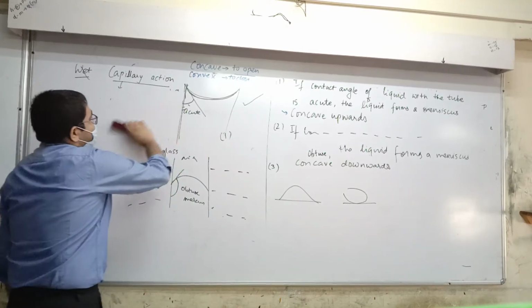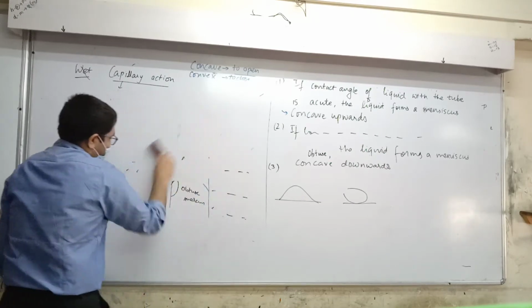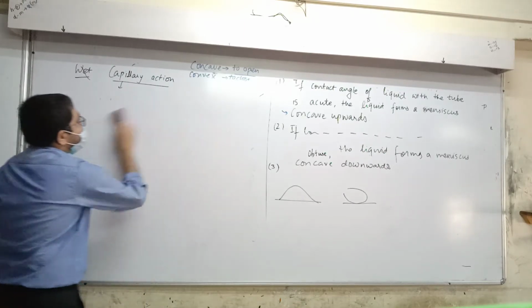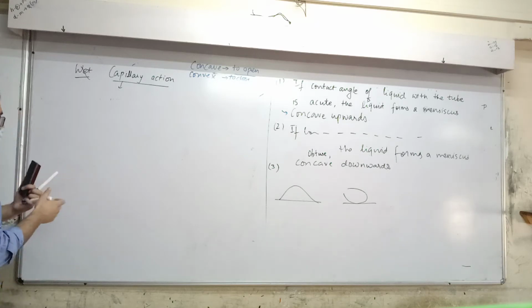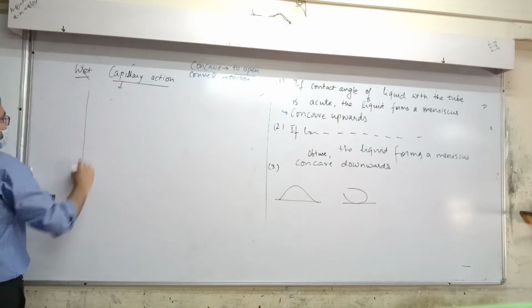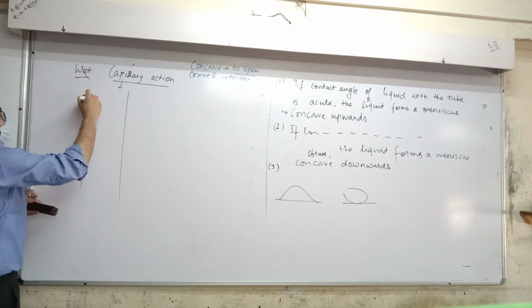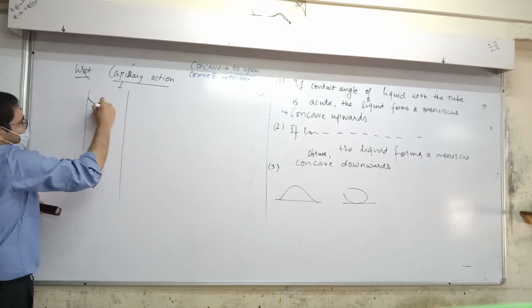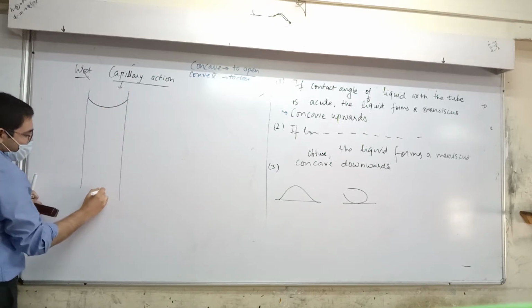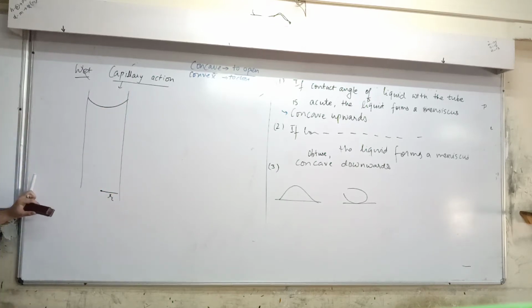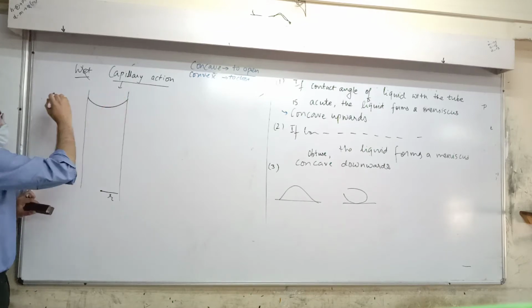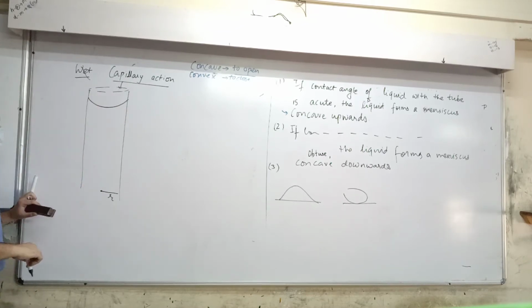Now, that's for the qualitative part. Now, mathematics. Let's take a simple case where the angle is acute. Let's say this tube, the capillary, has a small radius.